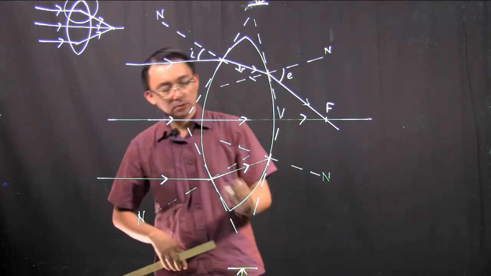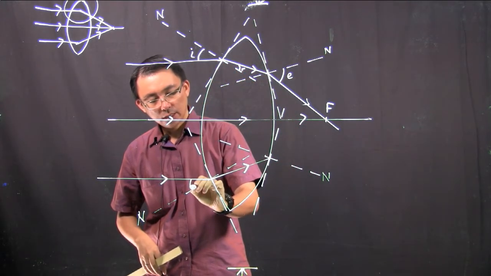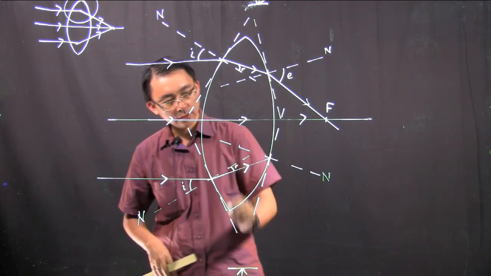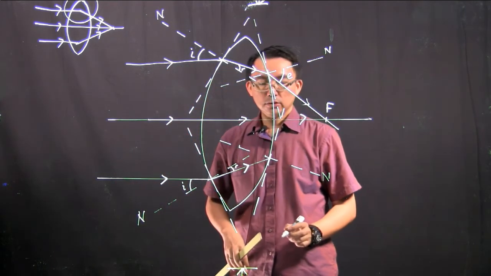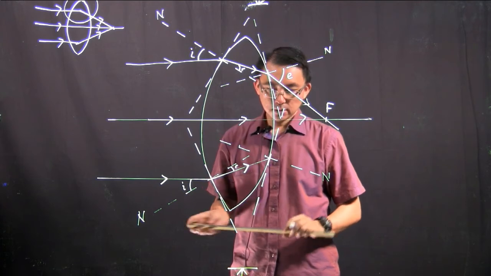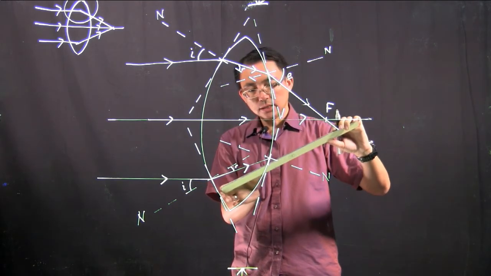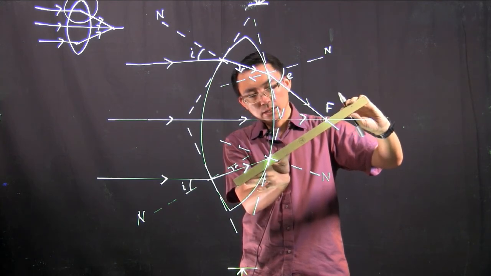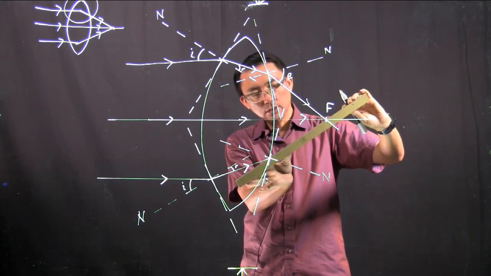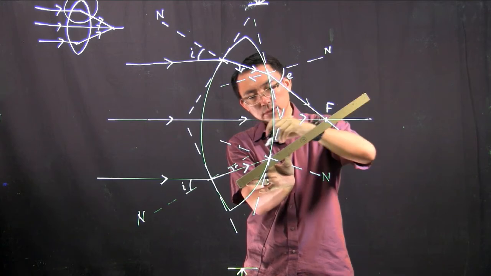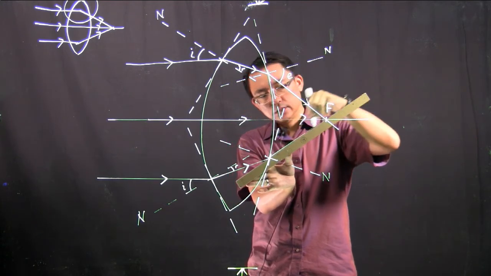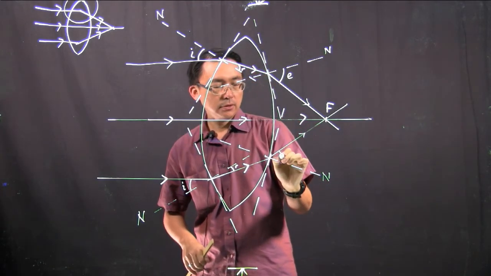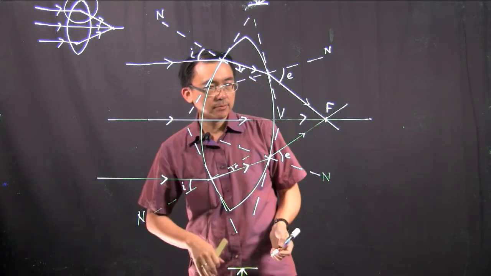Again, the angle of incidence here is larger than the angle of refraction. So on the other side, as it emerges out of the lens into the air, it bends away from the normal, as we can see here, with a larger angle of emergence.